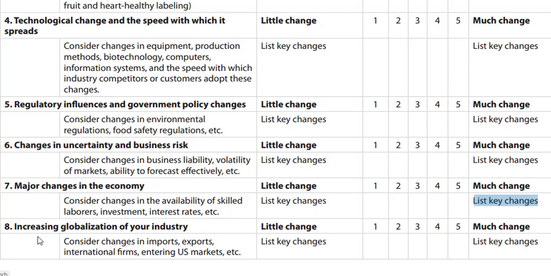In last, we will consider the globalized scenario for the industry. All other seven parts were related to only one region or country. But when we move on to point 8, that means import export, international firms, whether the same firms are innovating internationally or not, or what are the conditions elsewhere.